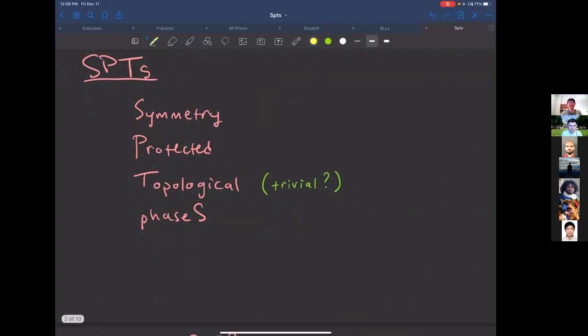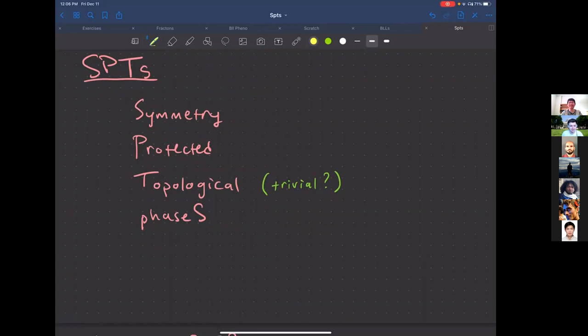And I don't know how widely known this anecdote is, but when we were taking Xiaogang's class on quantum matter stuff a few years ago, I think he likes to tell this anecdote.